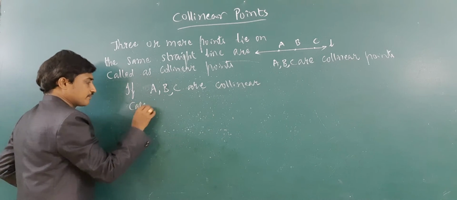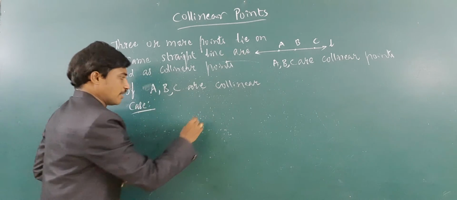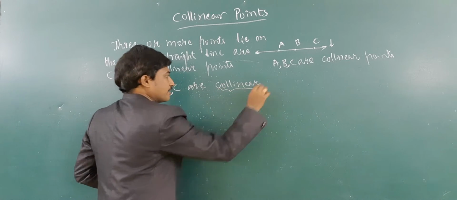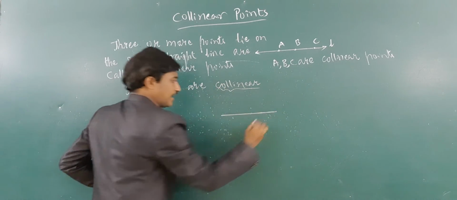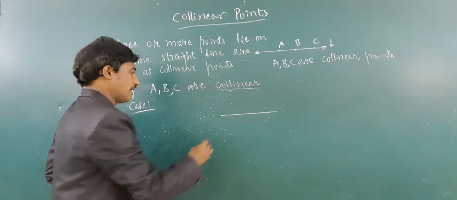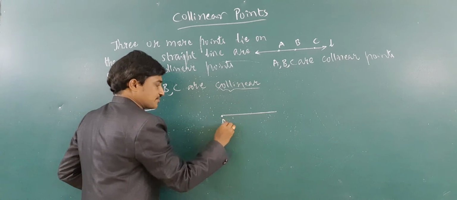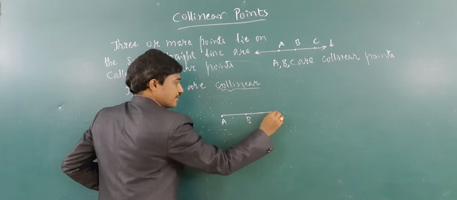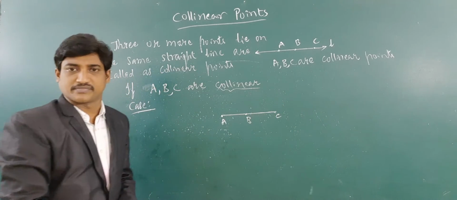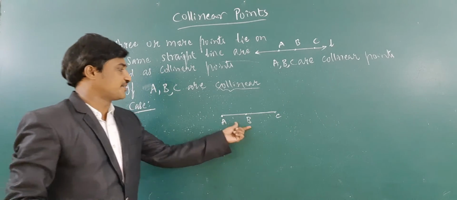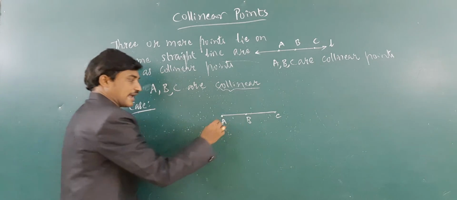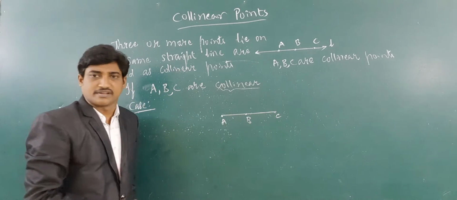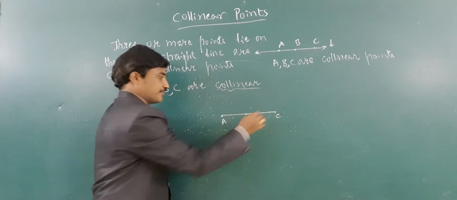Case 1: A, B, C are on the same line, and B is in between A and C. If B is in between A and C, then AB plus BC is equal to AC.